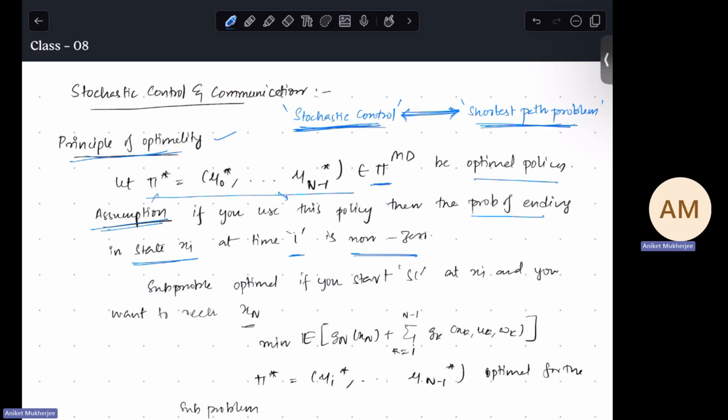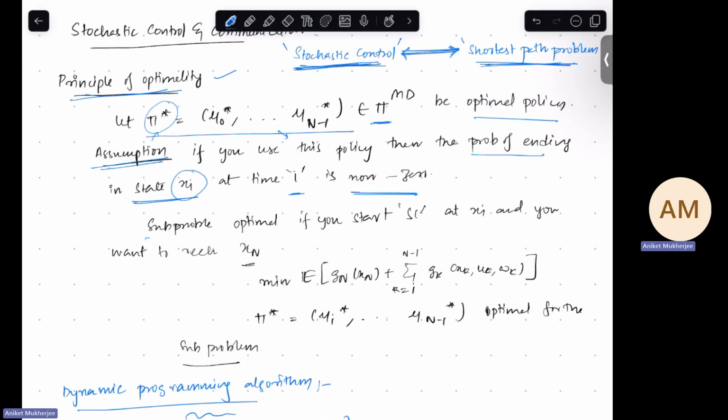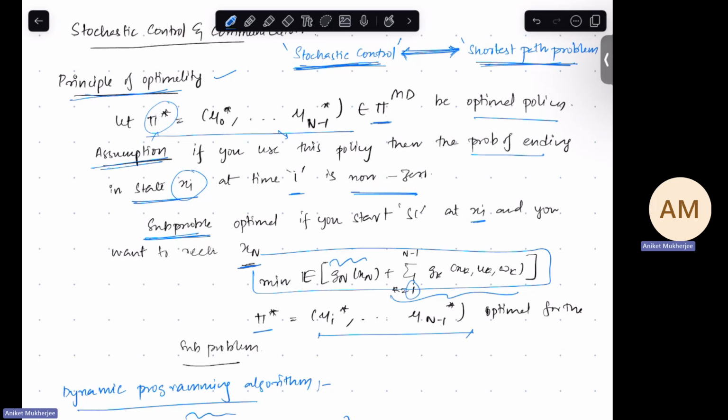Then if you want to find the optimal solution for the sub-problem, that is, you start at xi and want to reach xn, the cost function to minimize is the terminal cost plus the stage-wise cost, now starting from i. Then your optimal policy is basically a truncated version of the original policy.